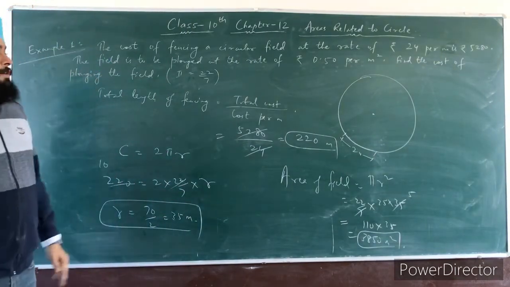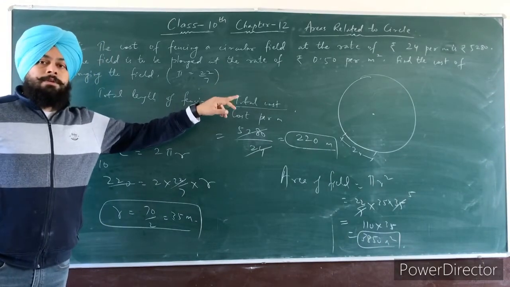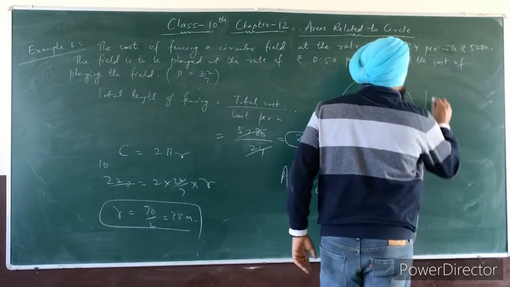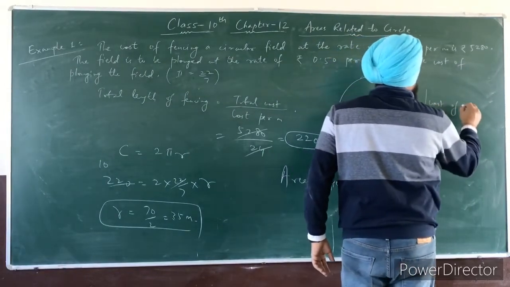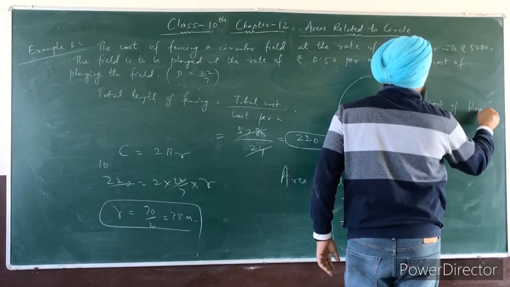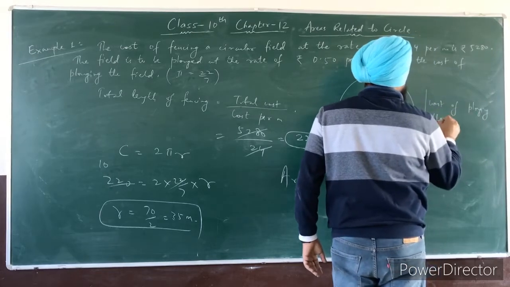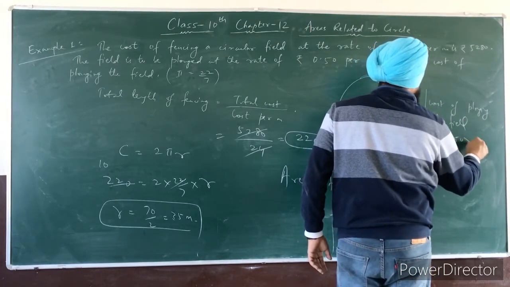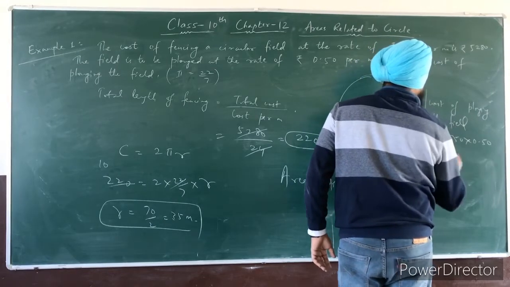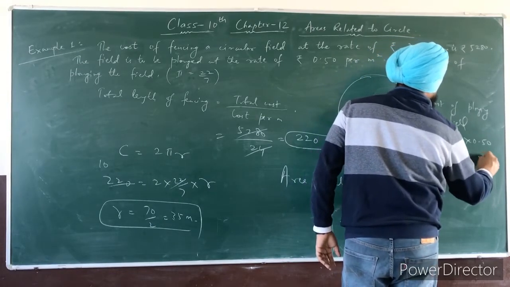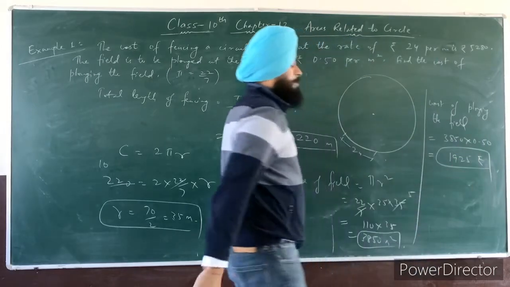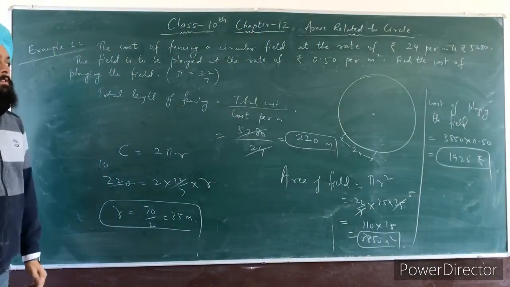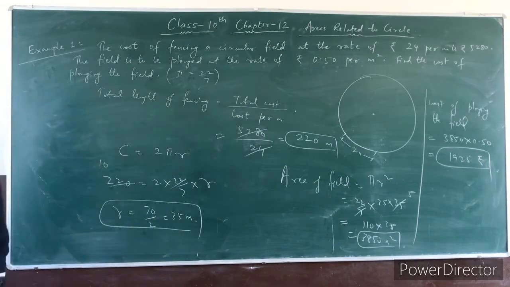Now the cost per meter square is 0.50. So the cost of this total area is how much? Cost is 1925 rupees. This is the example number first.